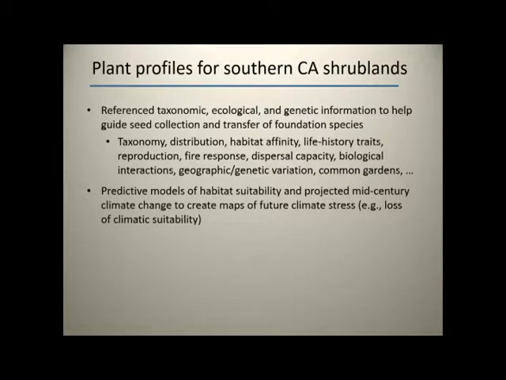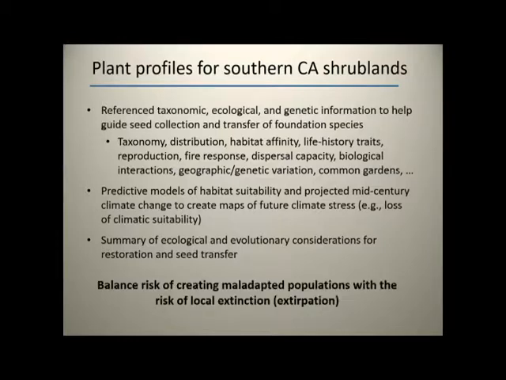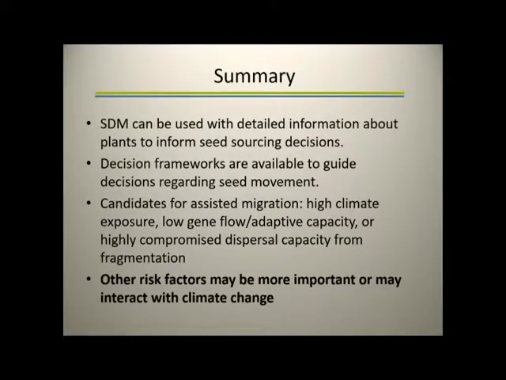We include the predictive models for the species distribution modeling efforts that we've done within them. And we provide a summary of the ecological and evolutionary considerations for each taxon that we cover in a profile in terms of seed transfer. The hope is to create some balance between creating a potentially maladapted population and the risk of local extinction. And that's just the website.